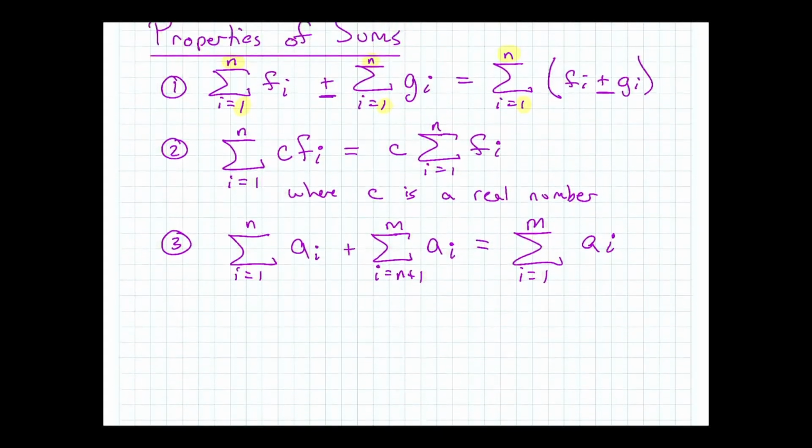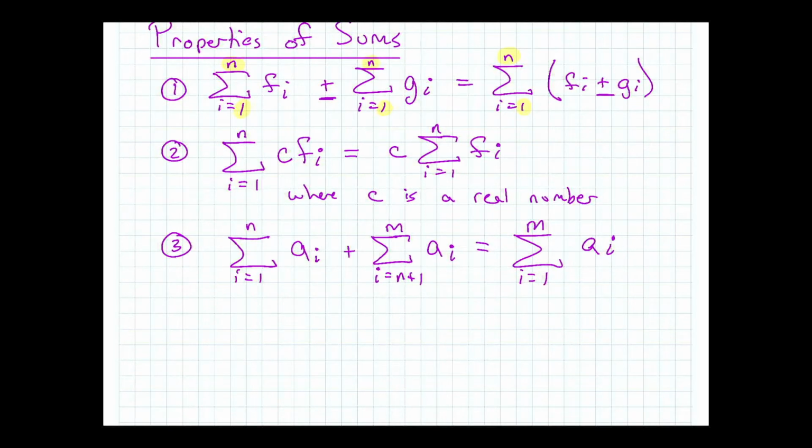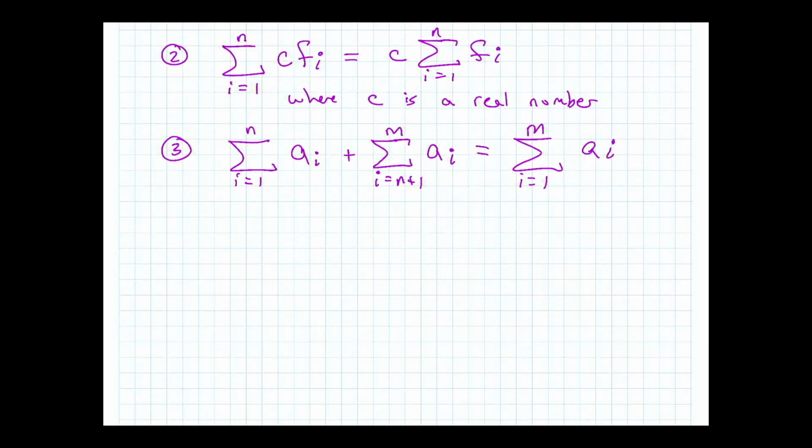And again, we're going to look at these in detail momentarily, but we're just writing them down for now. There's these main ones that you're going to need in order to do problems, but there's also a few others that are kind of useful.